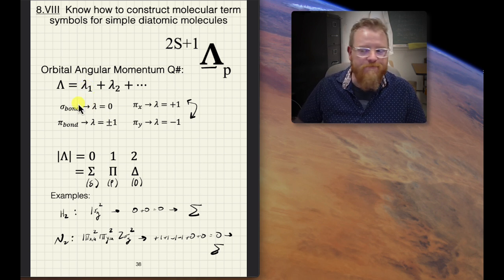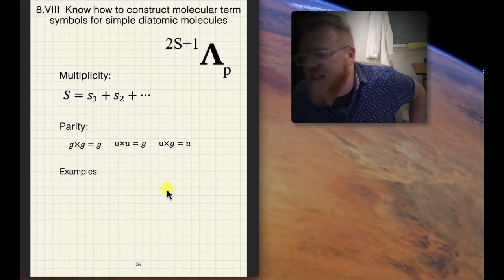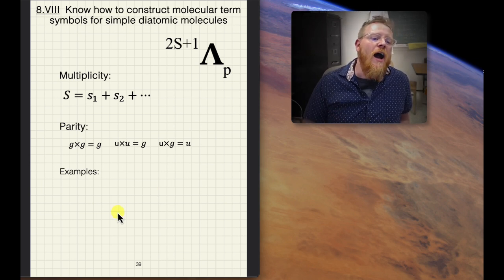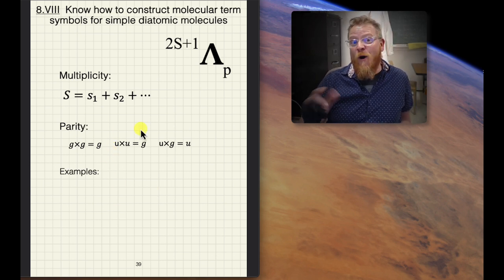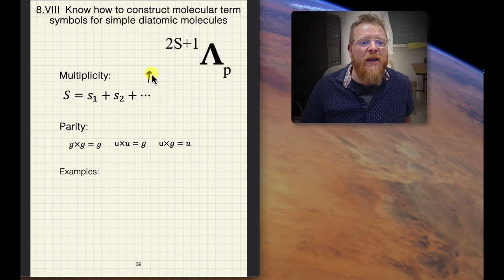Okay. So let's keep going with that and talk about the multiplicity. So similarly to what we did before, we could either add up all of the individual S values, or we could just recognize when we have a pair, that is a singlet state.